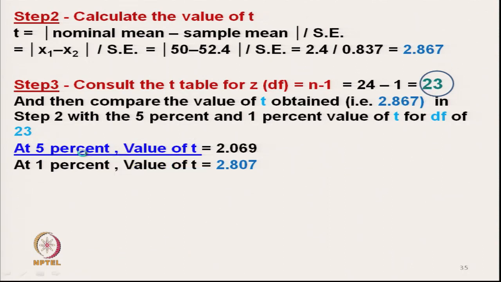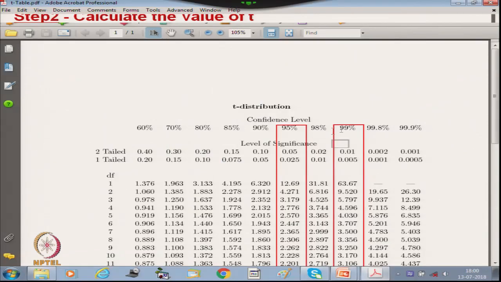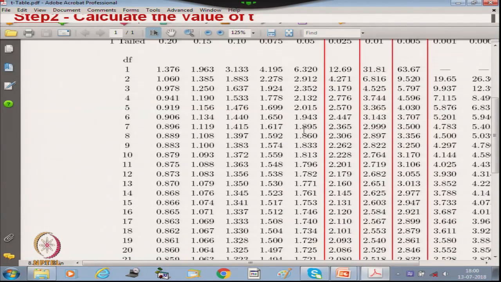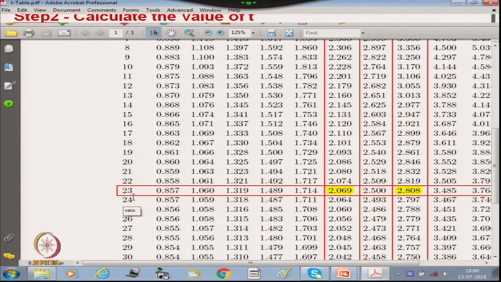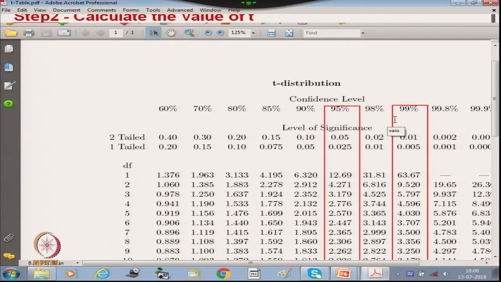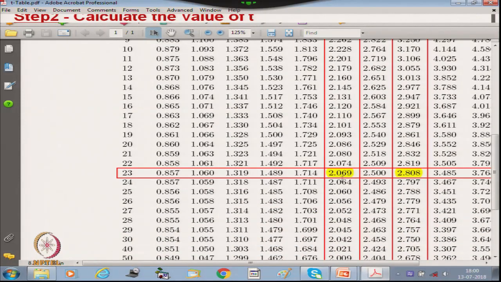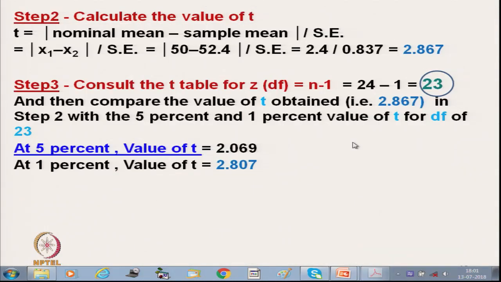Let us see from the table at 5% level that the degree of freedom is 23. At the 95% level, the value is 2.069, and at the 99% level it is 2.807. With these two values we can compare the results.